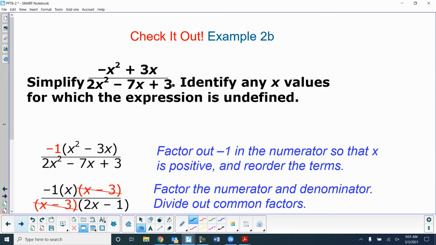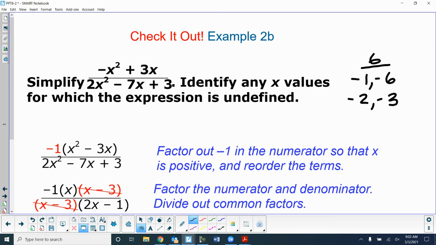So you pull out the -1, and then this factor, 2 times 3 is 6. And when the third one's positive, you look at the middle, they're both negative. So -1 and -6, or -2 and -3, which two add up to -7? The top one, right?